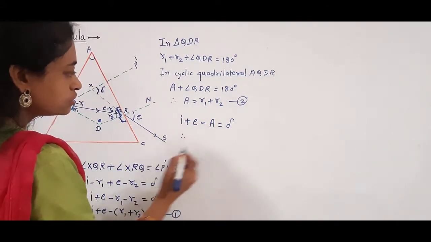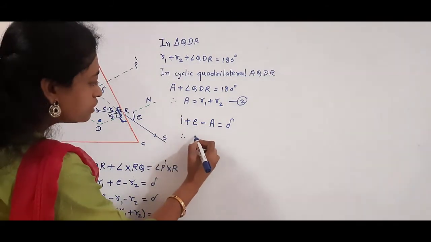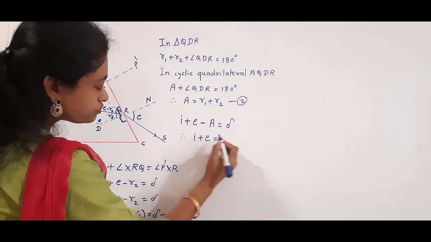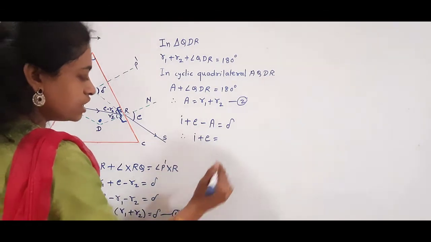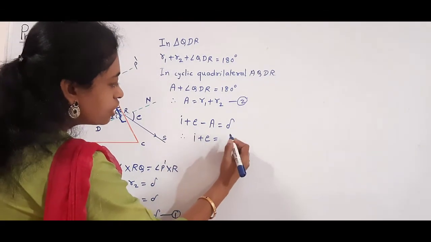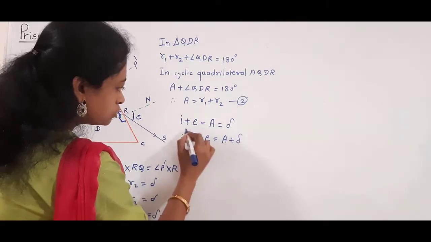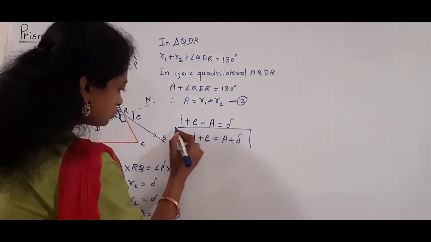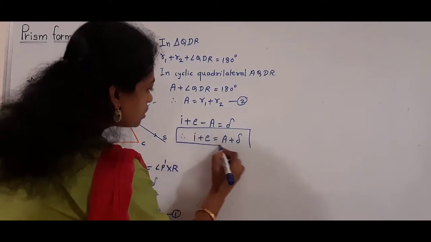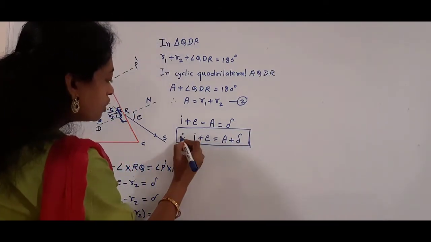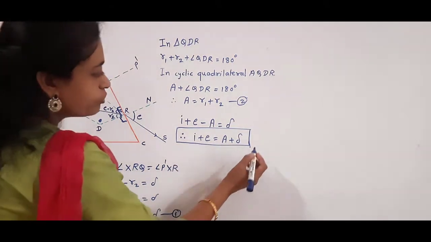Therefore, we will write here I plus E is equal to this minus A. At the right hand side, we will write here A plus delta. And this is the relation between the angles involved in the refraction of monochromatic light.